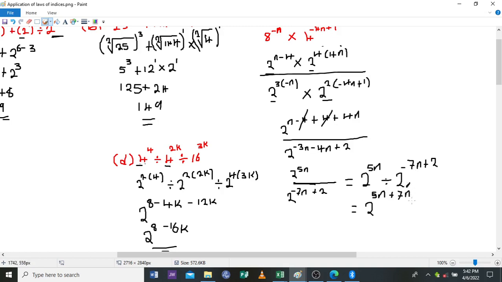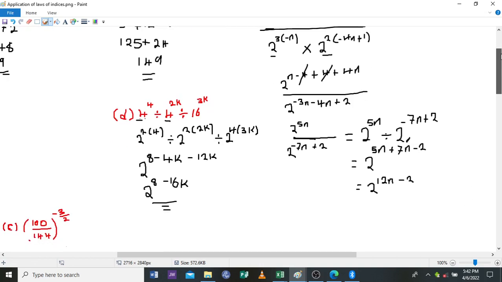So it will be positive 7n minus 2, which will finally give us 2 to the power now 7n plus 5n, that's 12n, that's 12n minus 2. Okay, good.